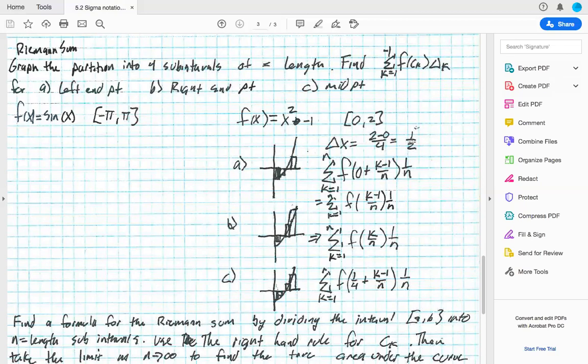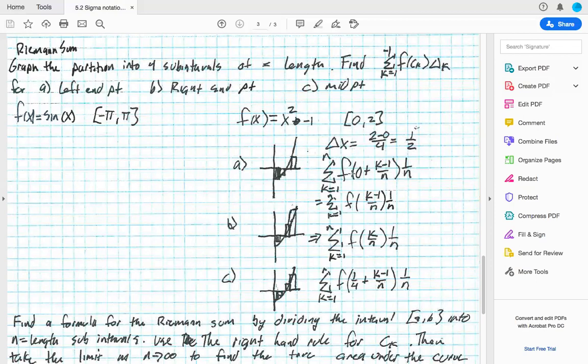Now, if we're doing a left endpoint, we want the first piece here to be evaluated, we want the height to be at 0.